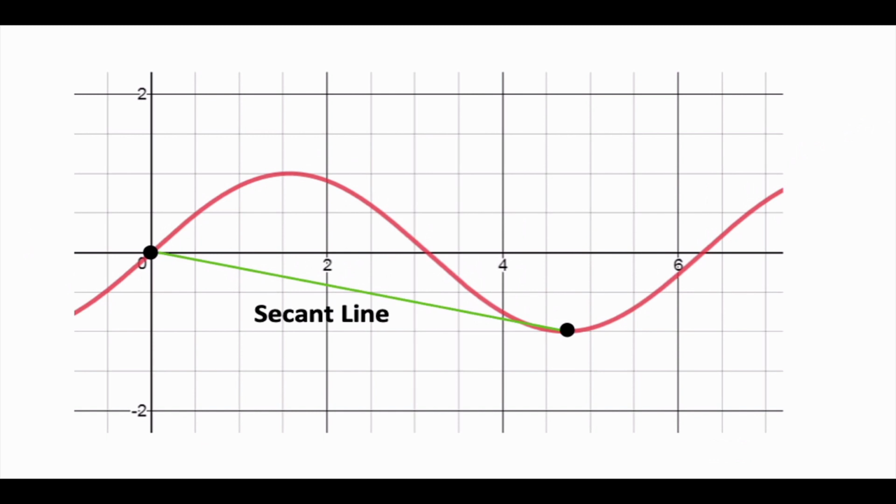Miles per hour. When you're in a car, you always see miles per hour. How fast are you going? So you look down at your speedometer, and you're going 45 miles an hour, 35, 26. That's instantaneous because that's at one time you're looking.